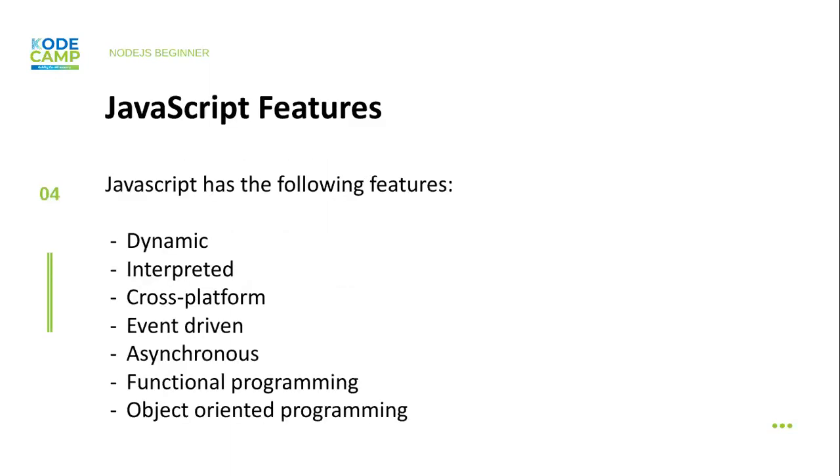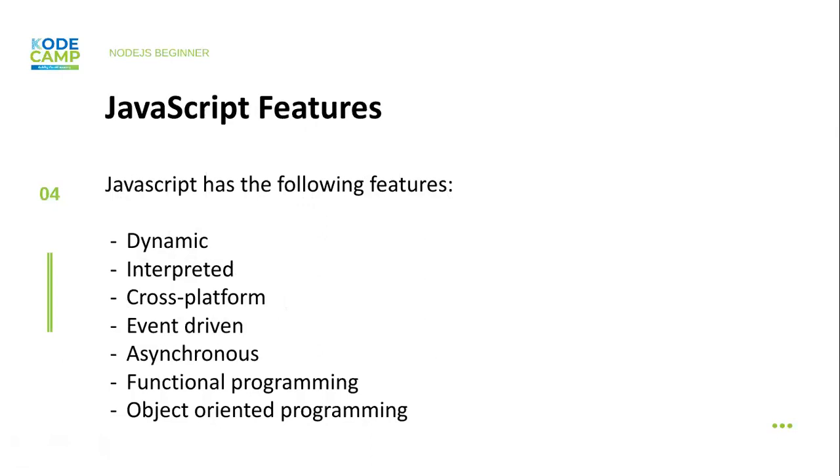Okay, I've broken down some of these things. JavaScript has the following features. JavaScript is dynamic, I've explained this. It's interpreted, I've explained this. It's cross-platform. This means that it's not limited to a particular platform.